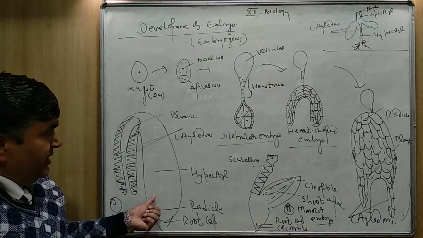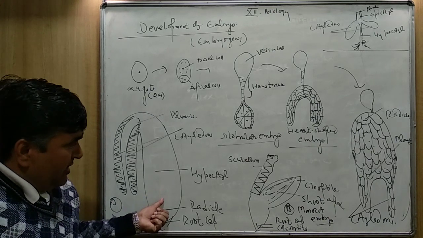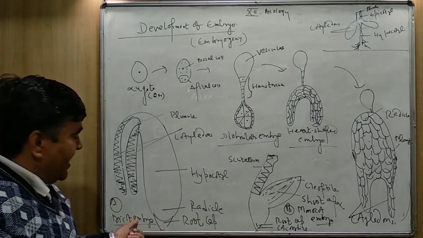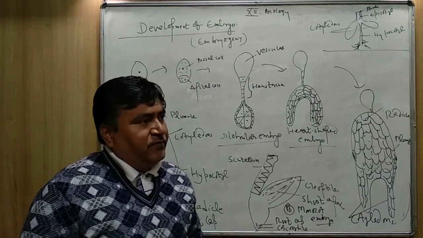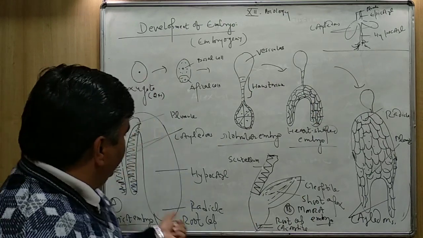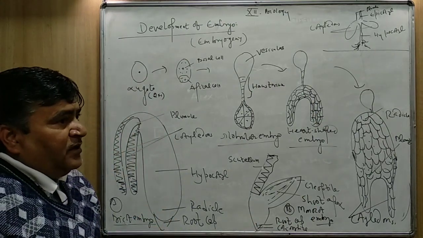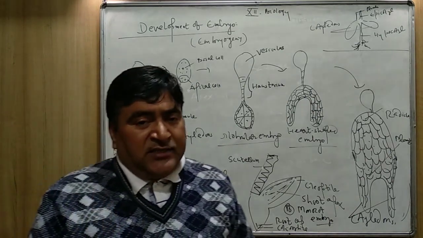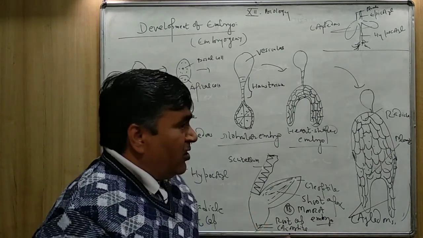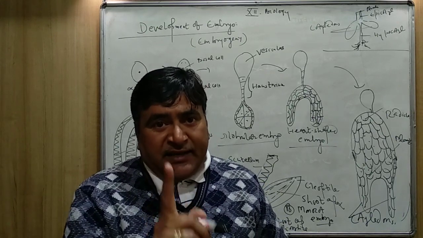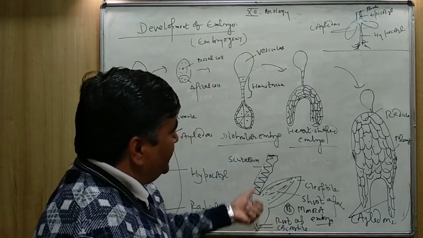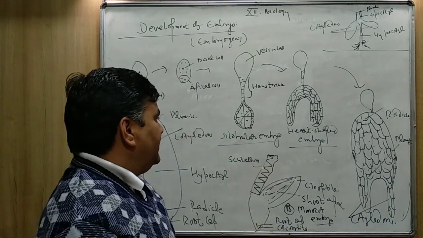So once again you can learn the differences between the dicot embryo and monocot embryo. This is very, very important. The dicot embryo has two cotyledons. The monocot embryo has a single cotyledon, and this single cotyledon is known as scutellum.